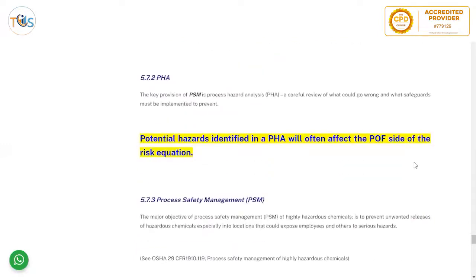Now let's go over what PHA is. The key provision of process safety management is process hazard analysis, a careful review of what could go wrong and what safeguards must be implemented to prevent it. Potential hazards identified in a PHA will often affect the POF side of the risk equation.